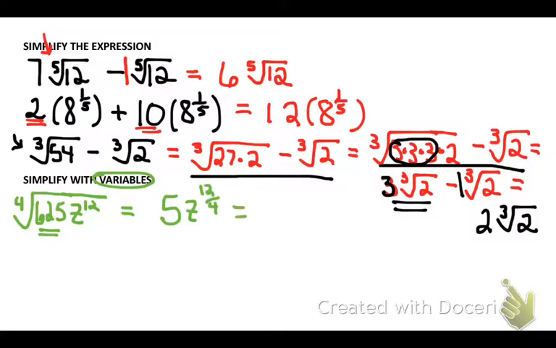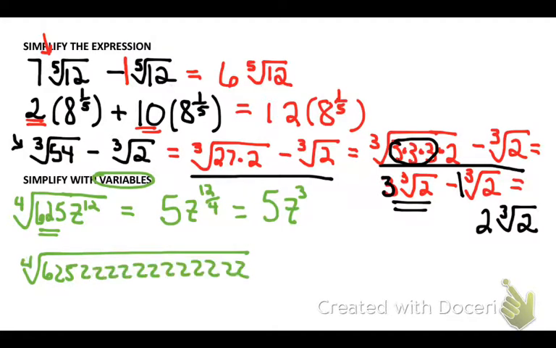So that is going to simplify to 5z, and that's raised to the power of 3. You could also imagine if I had the 625 and then I had 12 z's listed, and for every set of 4, we take those out, we would end up with 3.